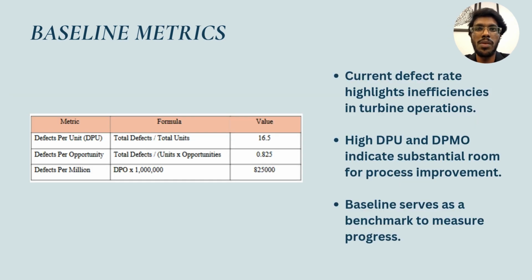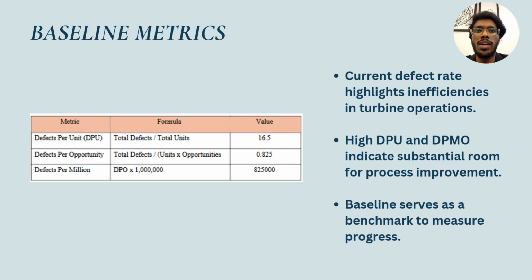So the baseline metric for this project provides a clear picture of the current performance level of the renewable energy system in Malaysia University. Key performance indicators include the defect per unit, DPU, of 16.5, defect per opportunity, DPO, of 0.825, and DPMO, which is defect per million opportunity, of 825,000.